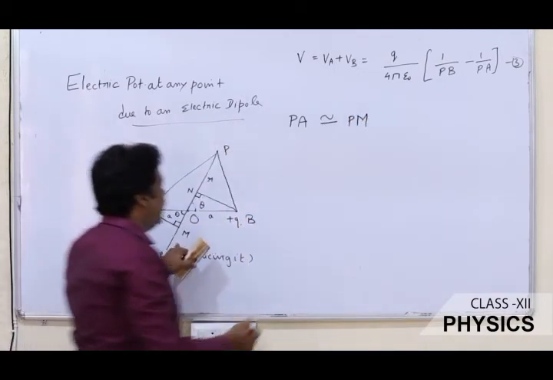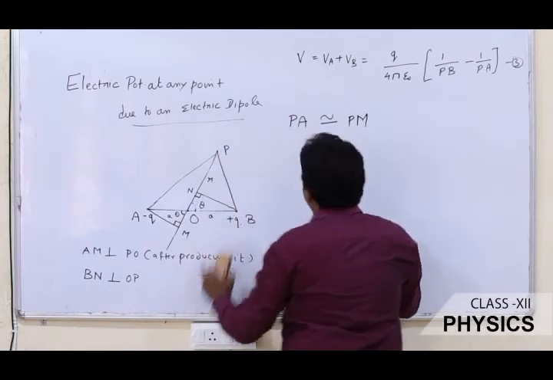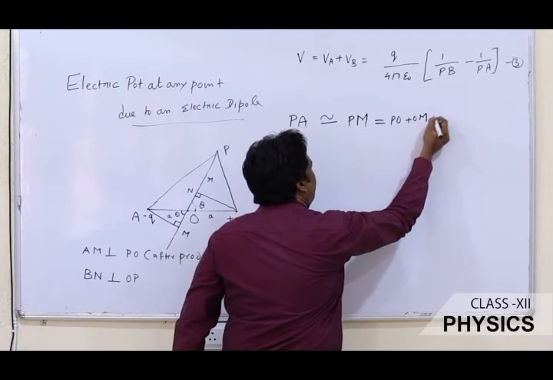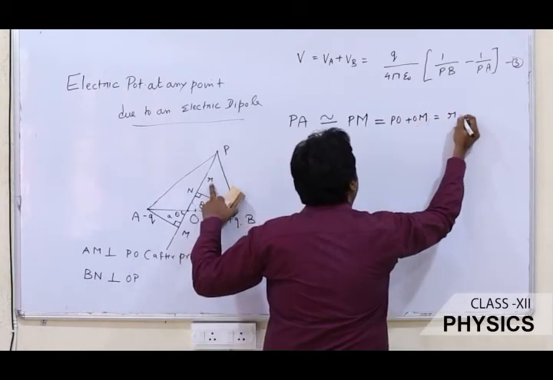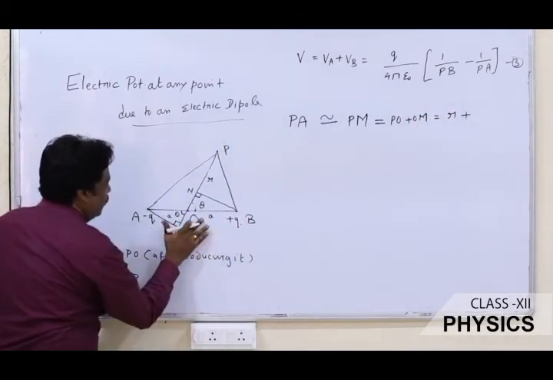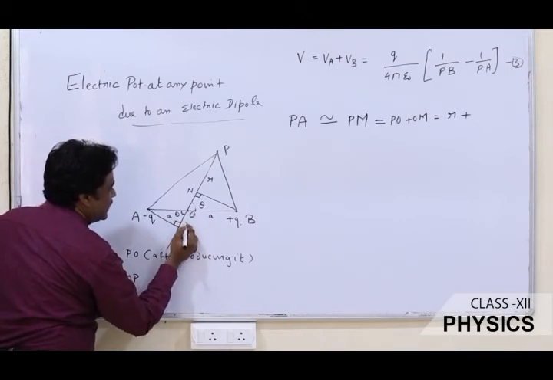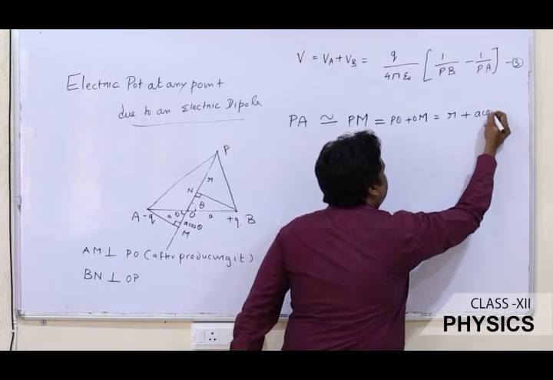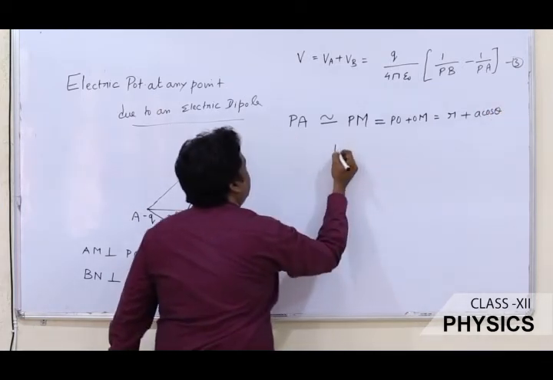You know PM is PO plus OM. What is PO? PO is r. OM, you can easily get, since it is the base: OM will be a cos theta.